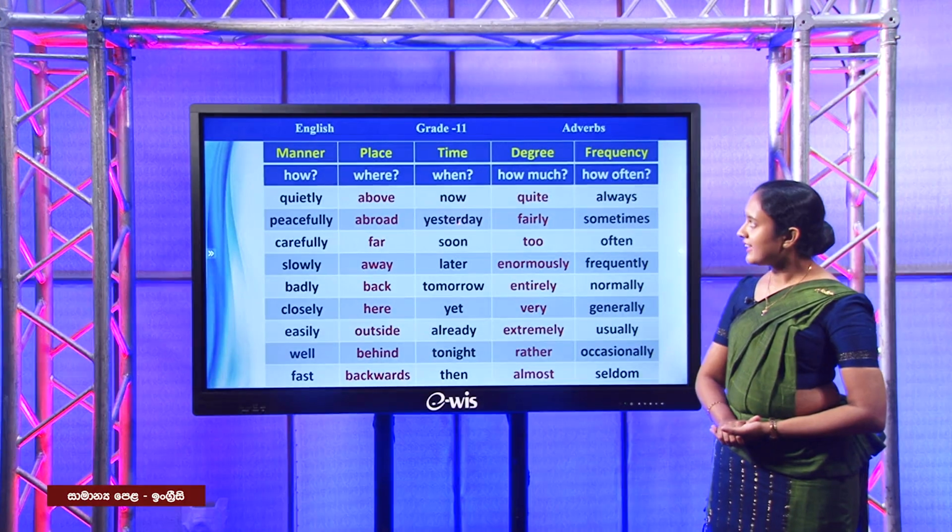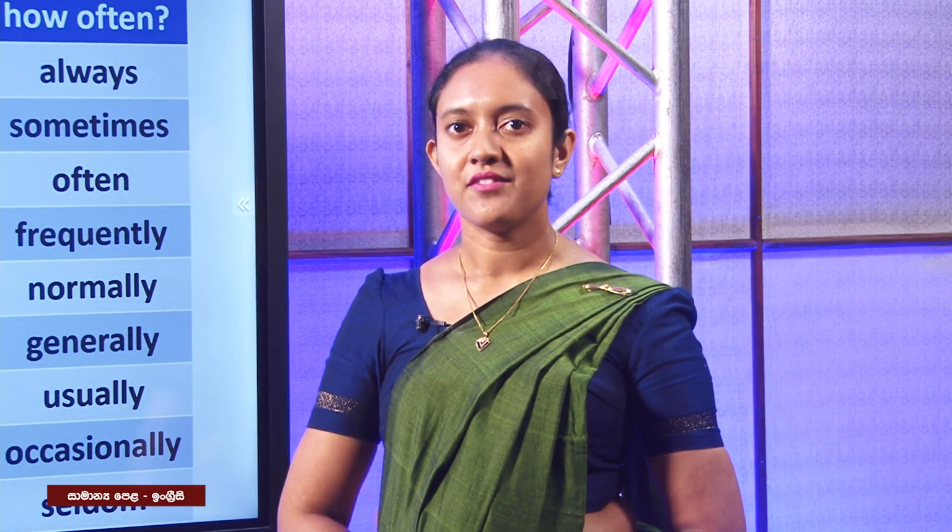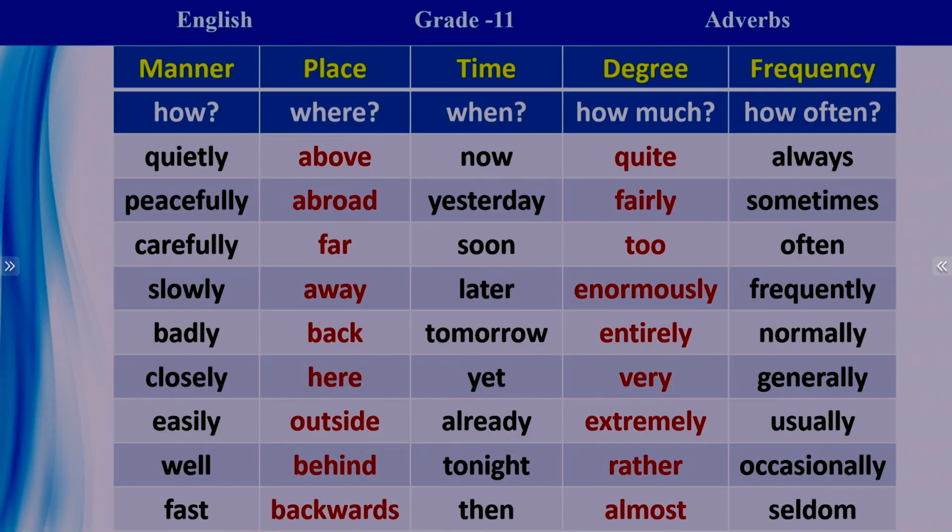Now, let's see the adverbs of time. Adverbs of time indicate when something happens. You remember that. So, these are some of the examples. Yesterday, soon, later, tomorrow, yet, already, tonight and then.